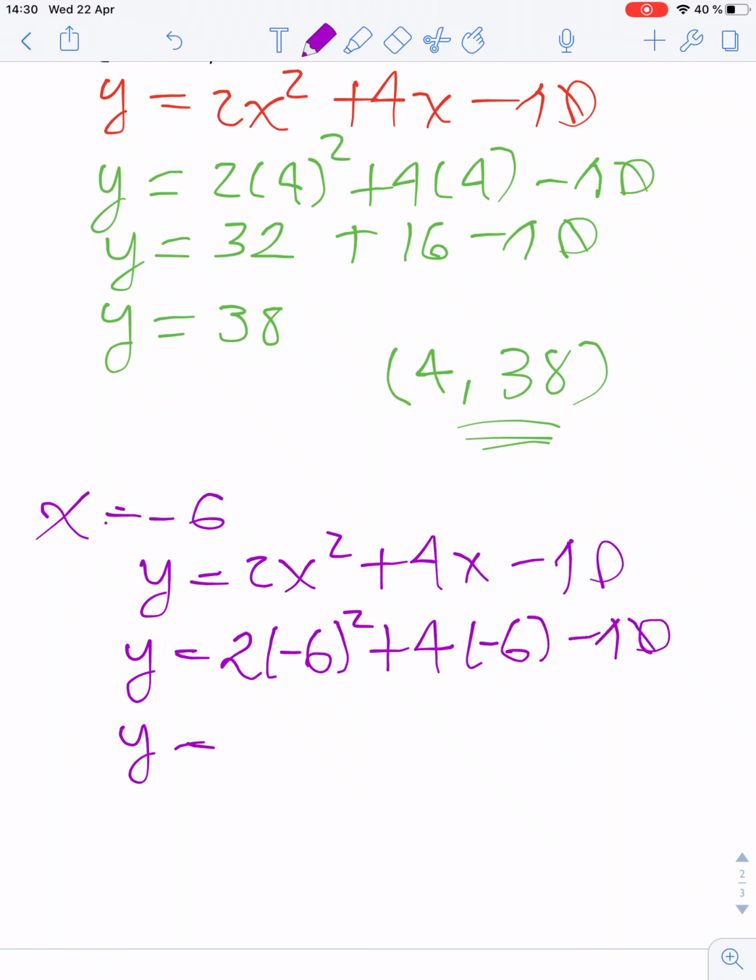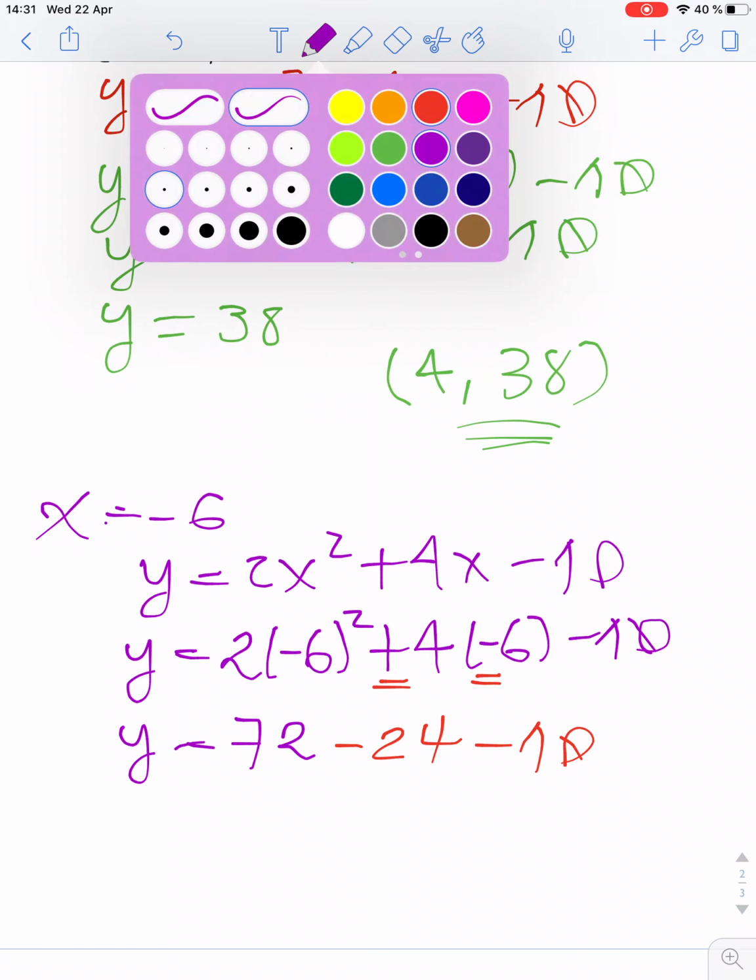Remember, when you have a negative number and you raise it to a square, or any even power, the answer is positive. Therefore minus 6 times minus 6 is 36, times 2 is 72. Then plus 4 times minus 6 is minus 24, minus 10.